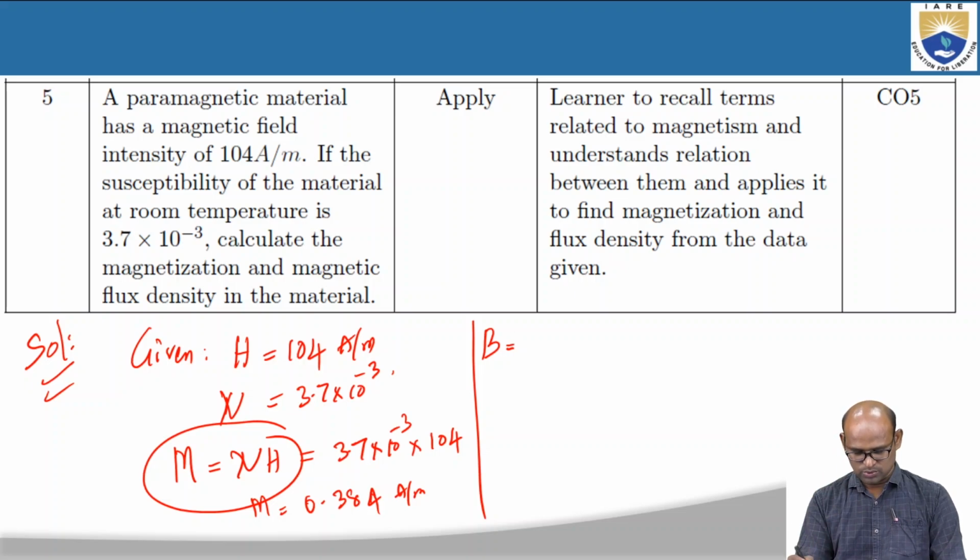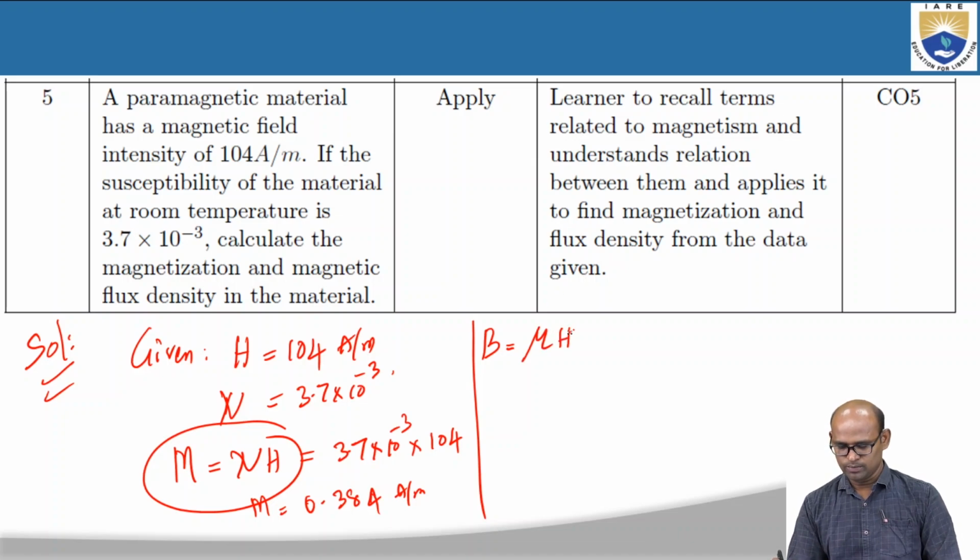Okay. So B is equal to mu into H. Here, to calculate the magnetic flux density B, we have the value of H, and we need mu, right?